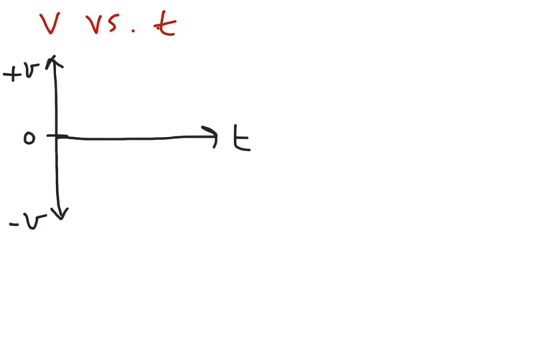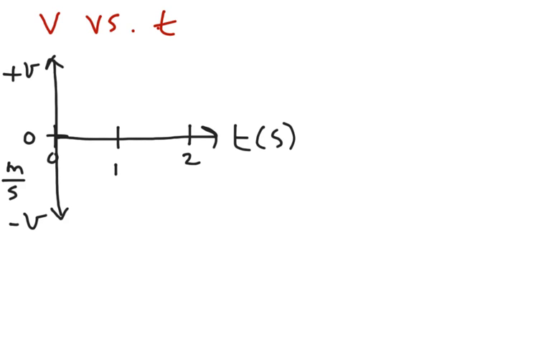Remember, plus velocity means you're going in a positive direction. Minus velocity means you're going in a negative direction. Now, if you recall, we were dealing with a total time of 2 seconds. So this is 2, in seconds. This is 1 second. And this is 0 seconds over here, 0. Remember, your velocity is in meters per second.